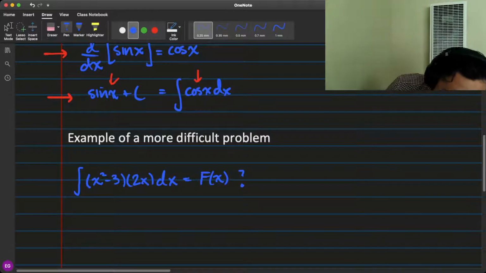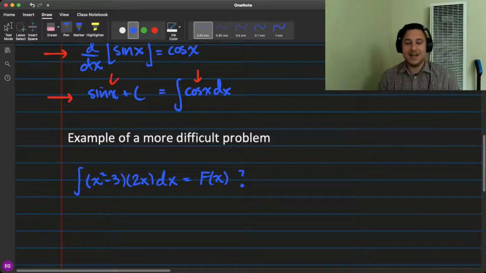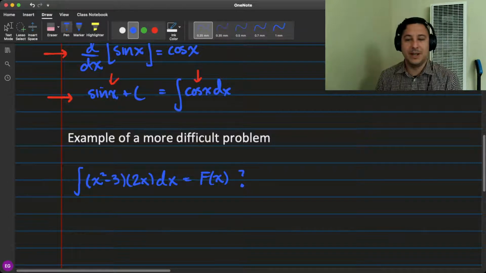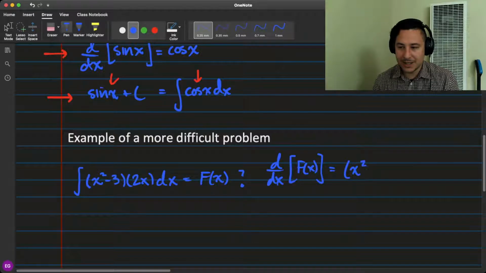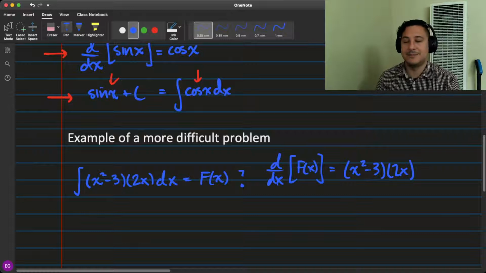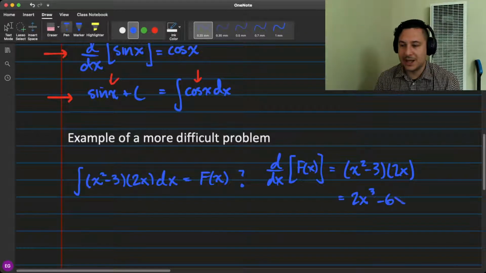It may not be obvious right away, because no rule immediately pops into your mind. I'm looking for some function whose derivative equals x squared minus 3 times 2x. You could multiply it through and get 2x cubed minus 6x, and then figure it out, but that's a bit of work.